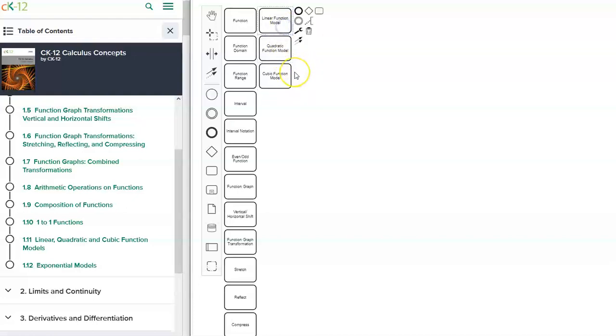So linear function model, quadratic function model, cubic function model. We have an exponential model. So when I say exponential model, you say exponential model.